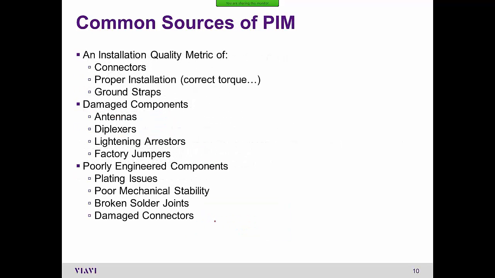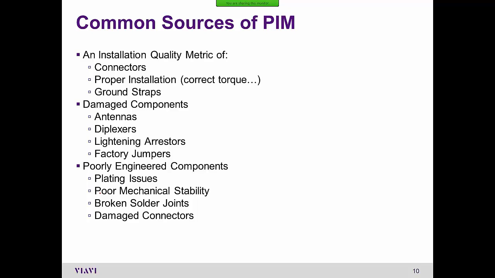All right, well, common sources, obviously connectors. We talk about torque, grounding straps that are improperly connected or damaged, other damaged components like antennas, diplexers, lightning arresters, damaged jumpers. As I mentioned, plating issues, poorly plated devices, ones that have poor mechanical stability.